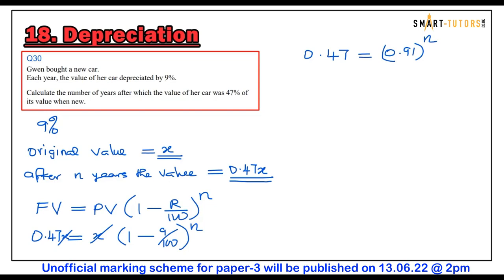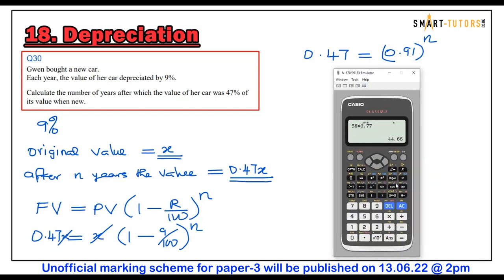So I'm going to bring the calculator here. Roughly I'm going to do trial and error. So 0.91 to the power, I'm going to say 5, right? 0.62. So that is wrong, so I'm just going to delete that one. So I'm going to try 3, and that is 0.75. And that is not going to be 0.47.